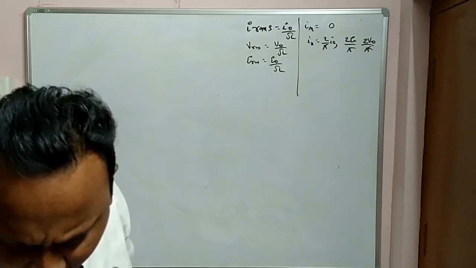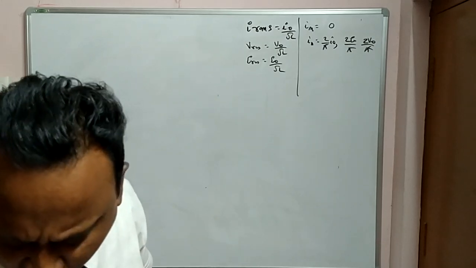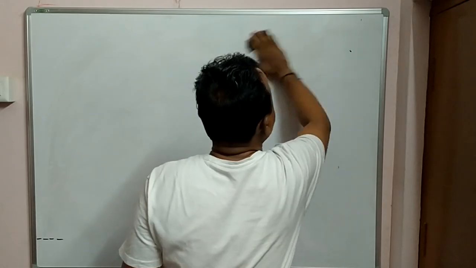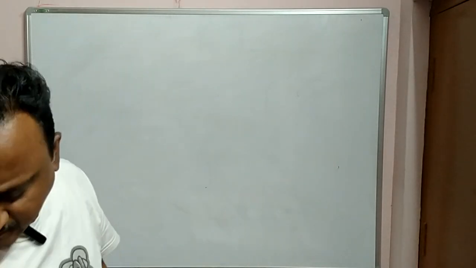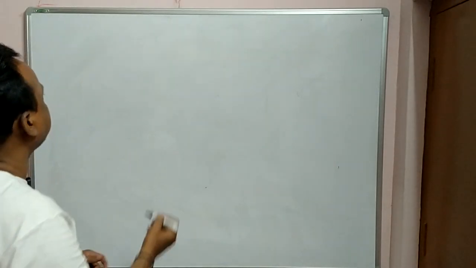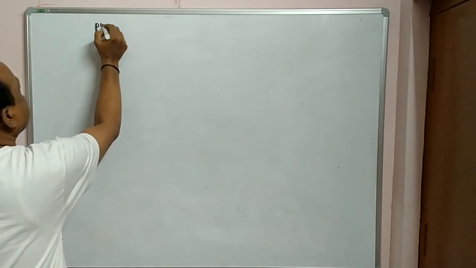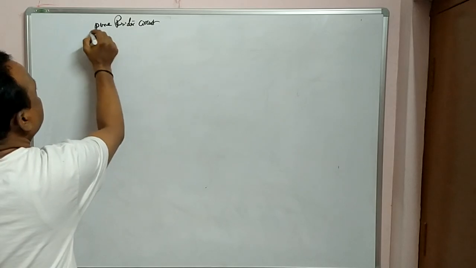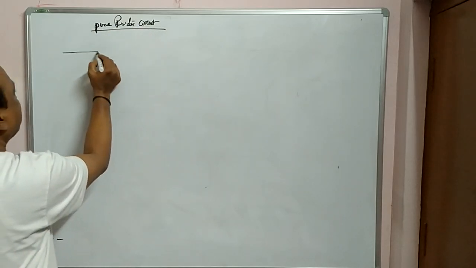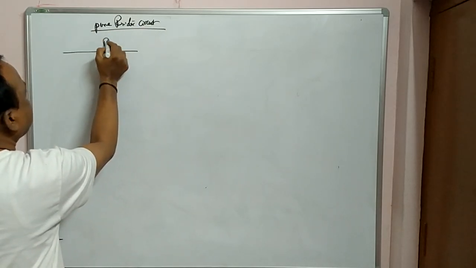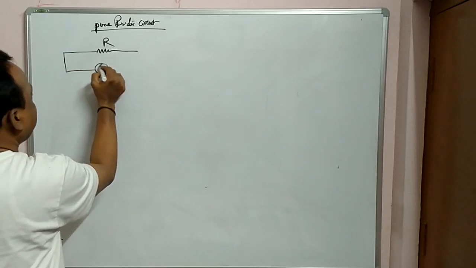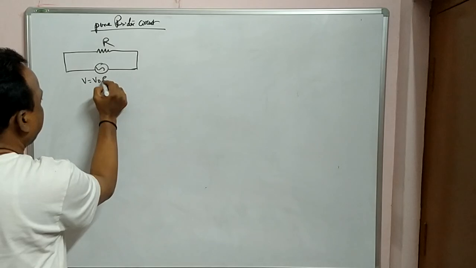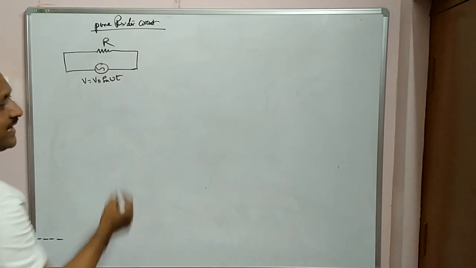Clear? Now let us enter into the pure resistor circuit. What is a pure resistor circuit? In the circuit, only resistance is there, and alternating voltage V is equal to V0 sin omega t.